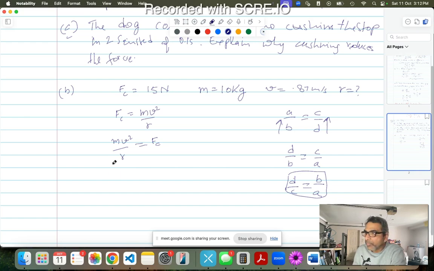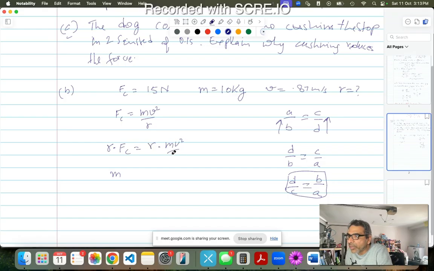As you know, we can multiply r on both sides, right? So r multiplied by Fc is equal to r multiplied by mv square over r.